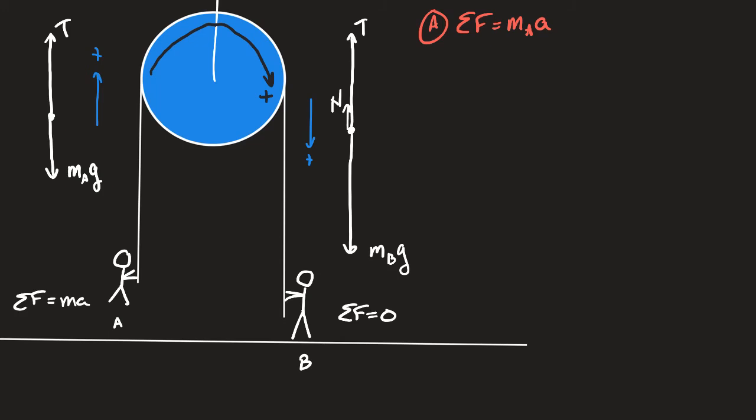And from there, I would say that for person A, T minus weight equals MA times acceleration. And for person B, I'll have their weight minus tension minus normal equals 0.